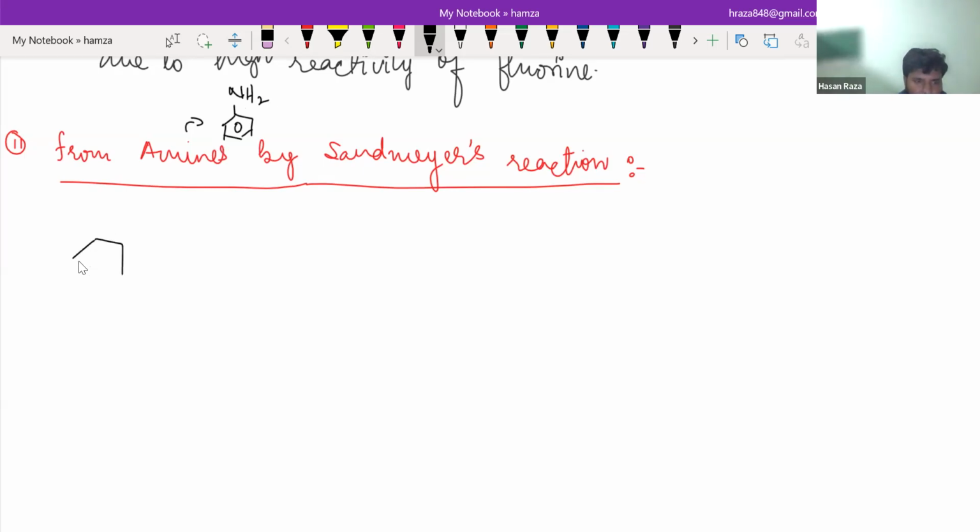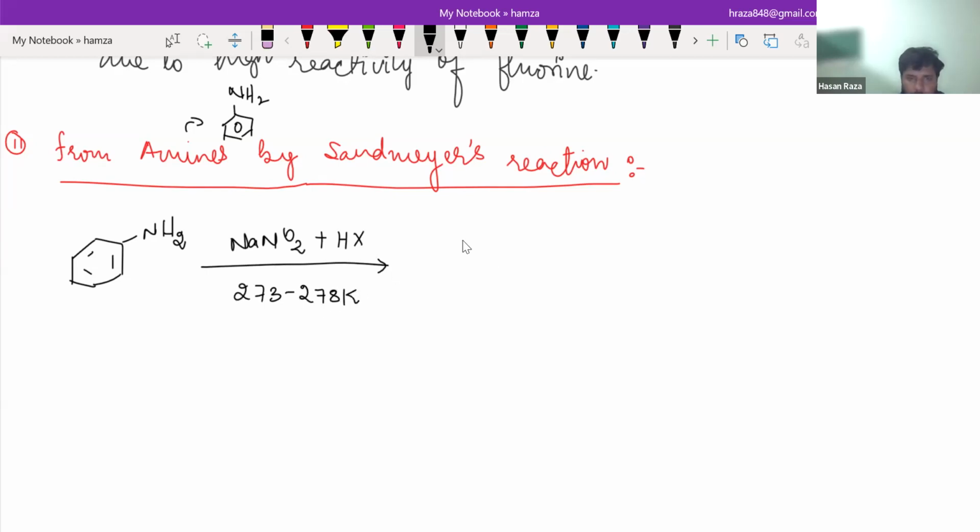We react this amine with nitrous acid, that means sodium nitrite in the presence of HX, at cold temperature, 273 to 278 Kelvin, 0 to 5 degrees centigrade. So we will get a diazonium chloride salt.